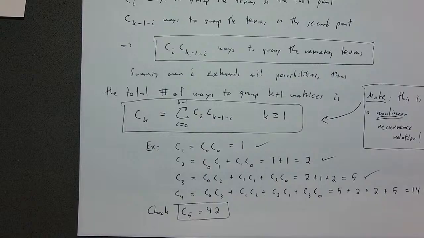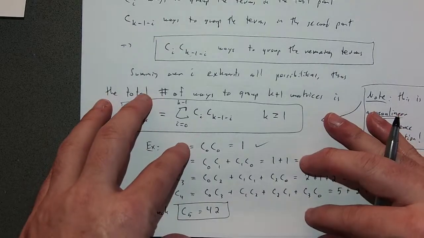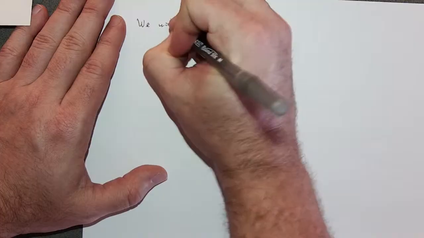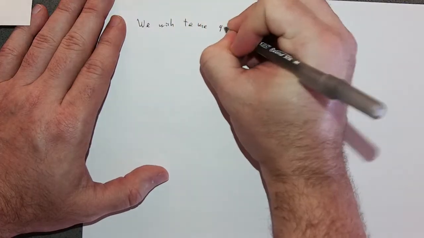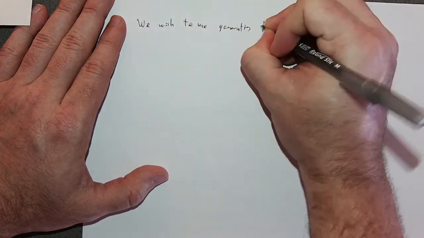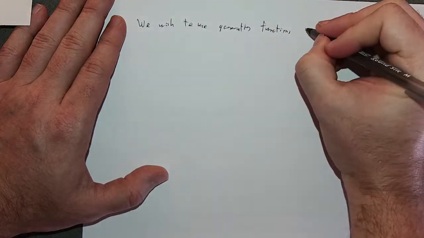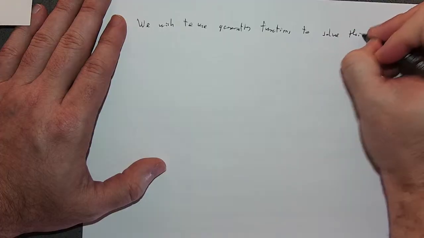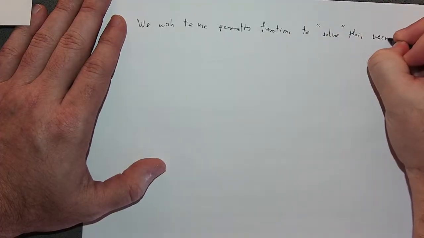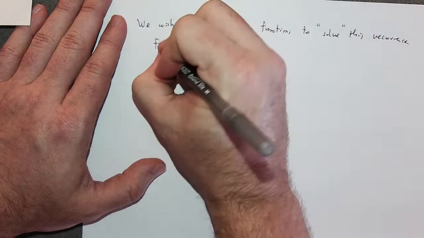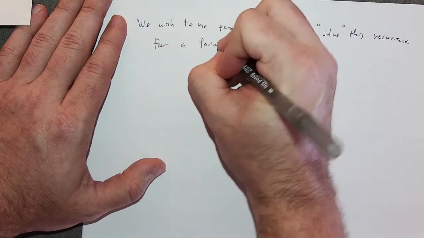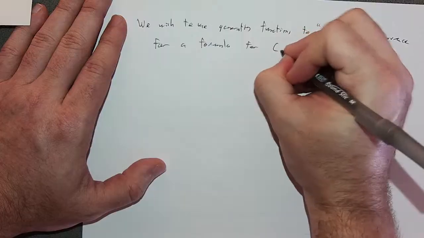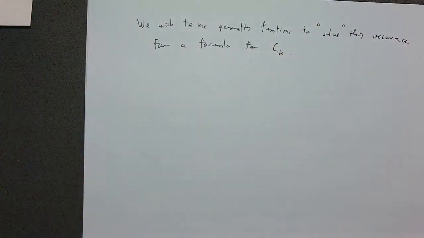We can still use the same trick with generating functions. We just need a little bit more algebra help. So now we wish to use generating functions to solve this recurrence for a formula for these numbers, C sub k.